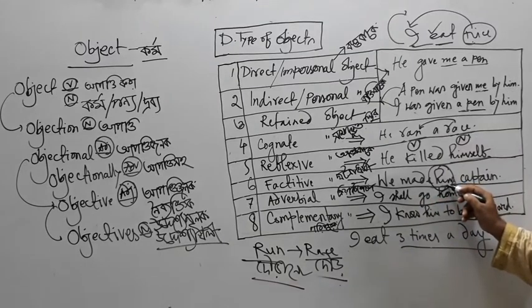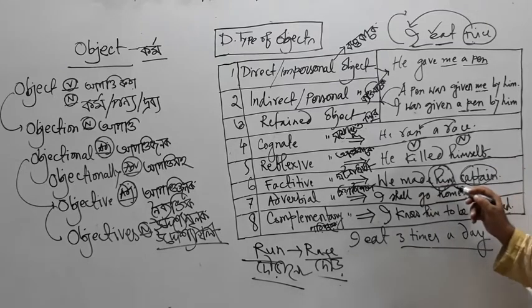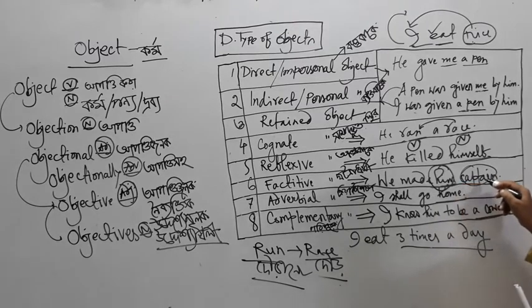It is incomplete. So if you use captain or chairman or leader or member, then the meaning of the whole sentence is completed, not before that. Only by the help of this object is it completed. That's why you have to take the help of another object, that is called a factitive object. Okay. And it cannot be turned into a subject because it will remain unchanged in its position.